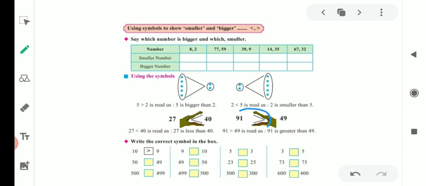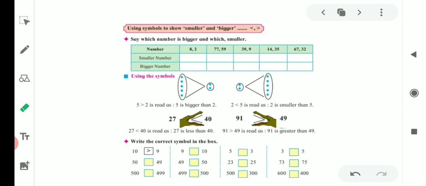Again his mouth is facing towards the bigger number. 91 is bigger than 49. So this is how the crocodile's mouth is always facing towards the bigger number. So it is the greater than sign.